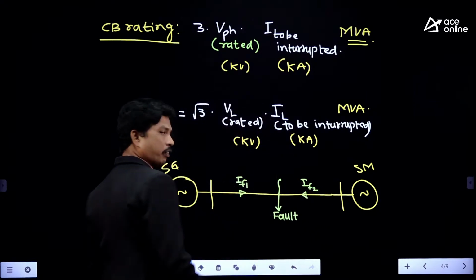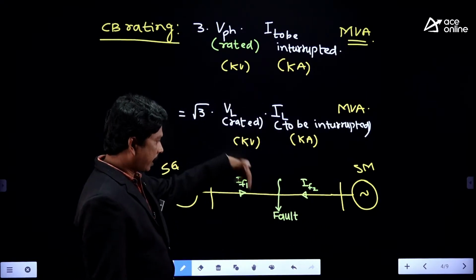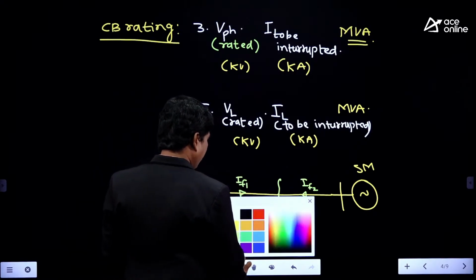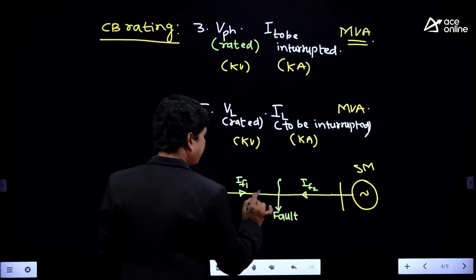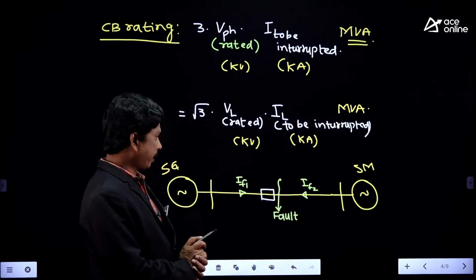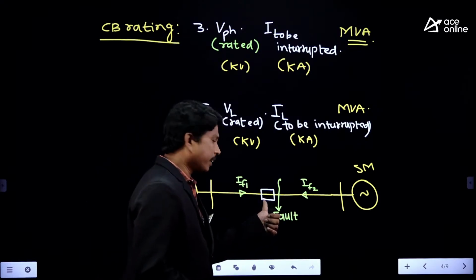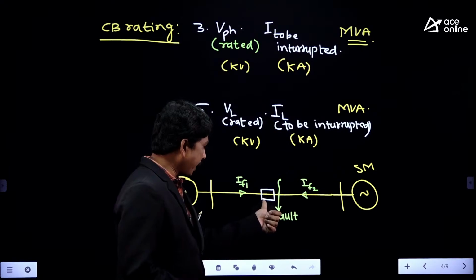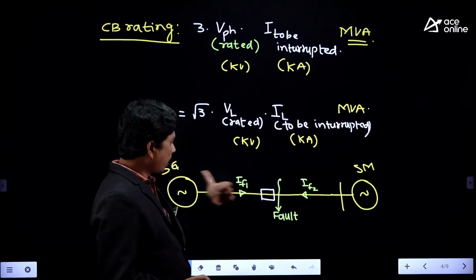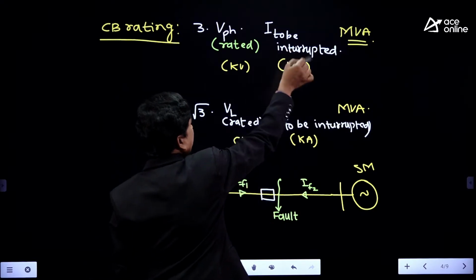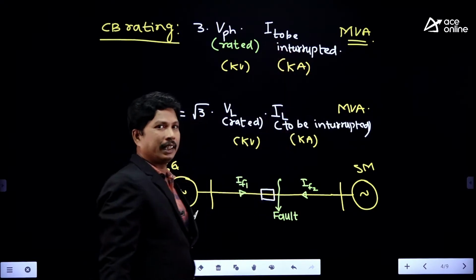And you are having the circuit breaker in this location. Suppose that is the location of the circuit breaker. Now, which current is the circuit breaker going to interrupt? It is going to interrupt the fault current 1. Therefore, the current to be interrupted should be IF1.